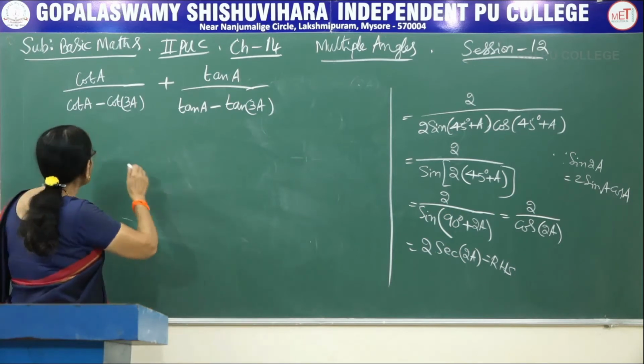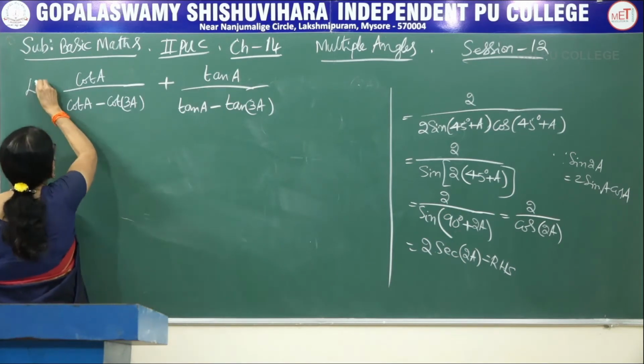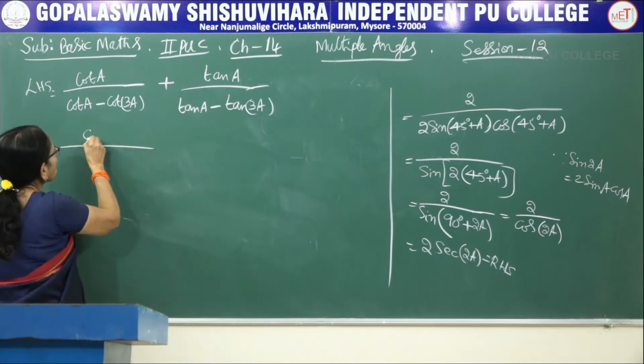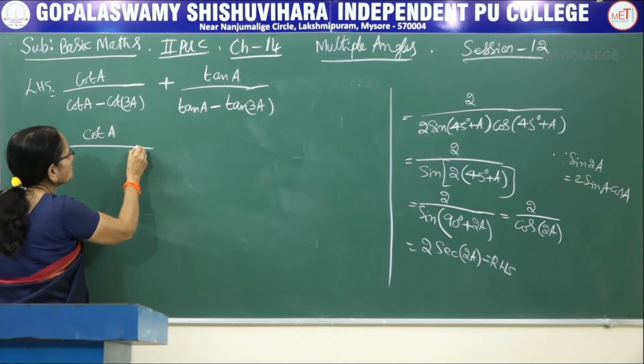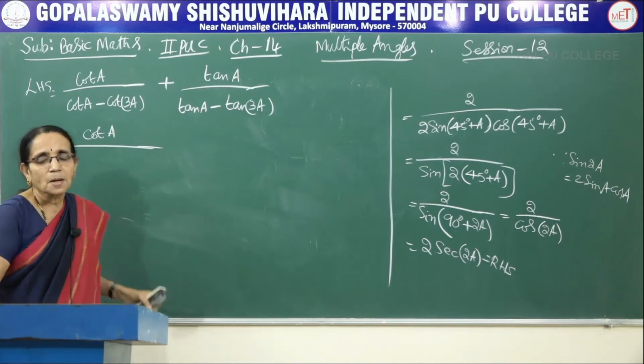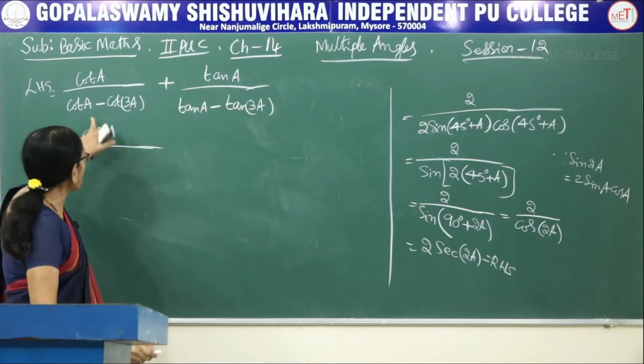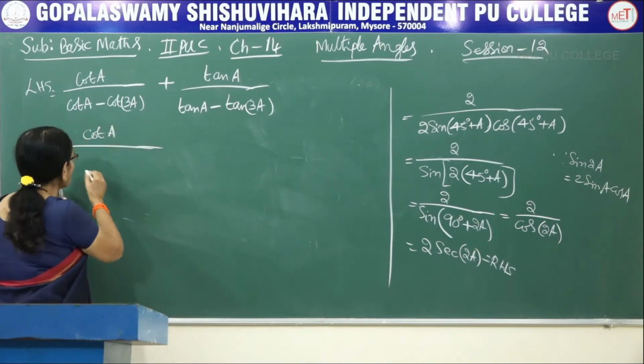Now, here, keep that cot A as it is in the numerator. In the denominator, here there are two cot terms now.